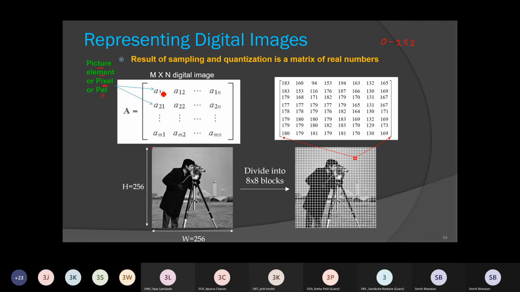I'll repeat: each individual element in my two-dimensional array represents one picture element, or one pixel, or a pel. And the pixel in our grayscale image has a value in the range 0 to 255.